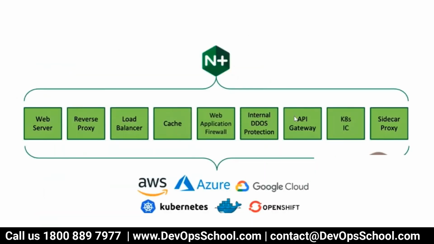So sidecar proxy, see, this concept has come in the container world mainly. What happens is you are running a pod, in Kubernetes terms, and in that pod you have one container which is the application.